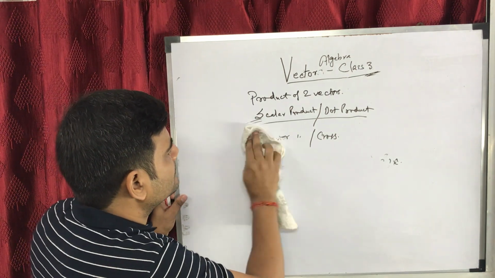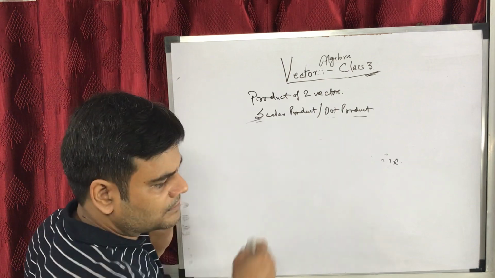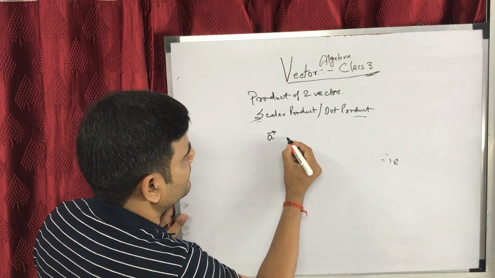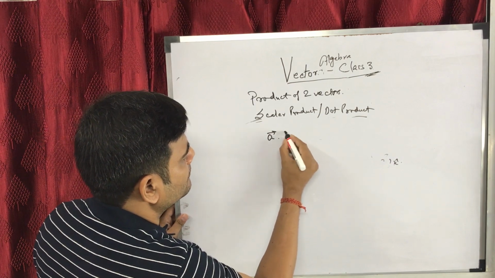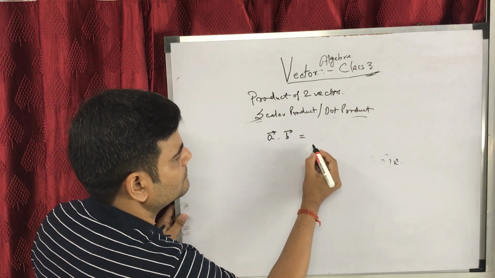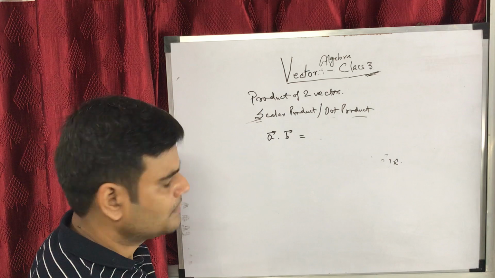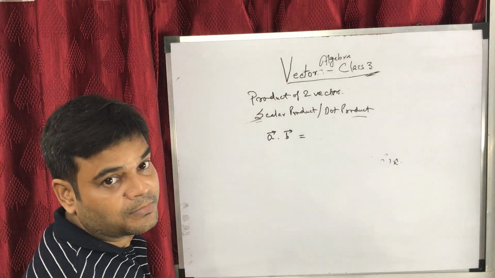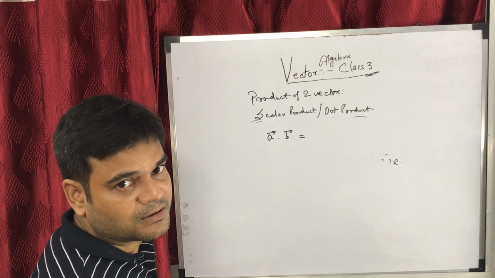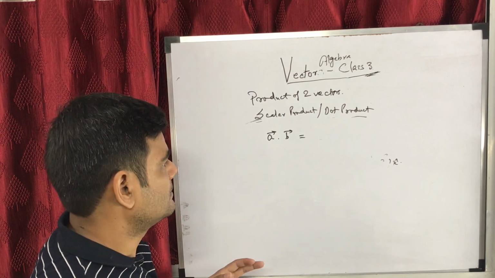What is scalar product? If two vectors A and B are there, their dot product is denoted by a dot in between. First of all, it is just a number. Scalar product is just a number. There is no sign associated with it.